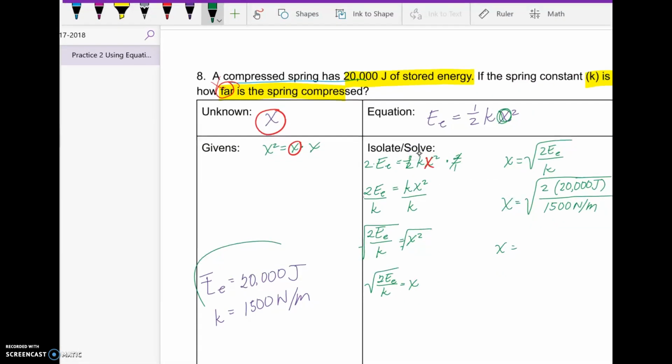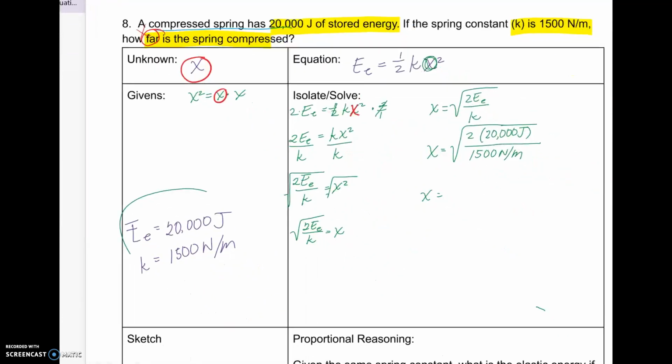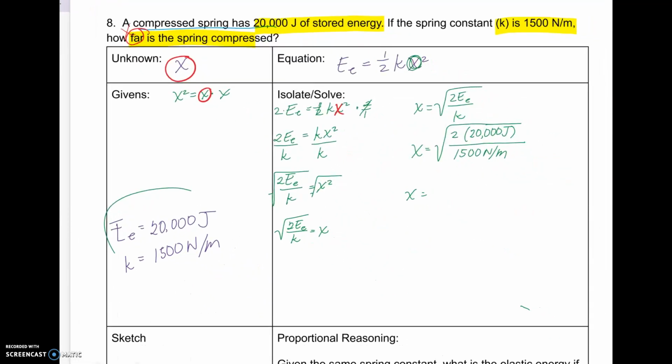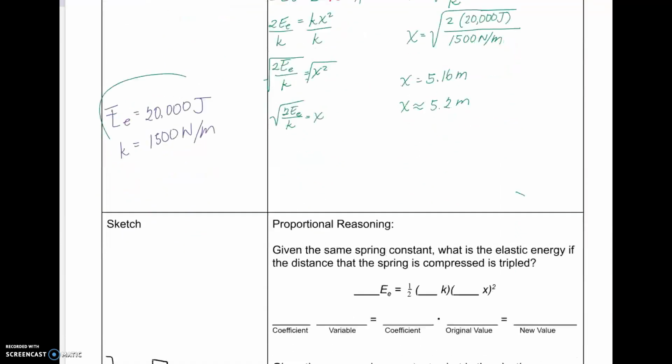All right, so that's going to give us approximately, let me move this back. So we have 5.16 meters. Or you can also just round it to 5.2 meters. That's fine with me, since it's an irrational number. All right.